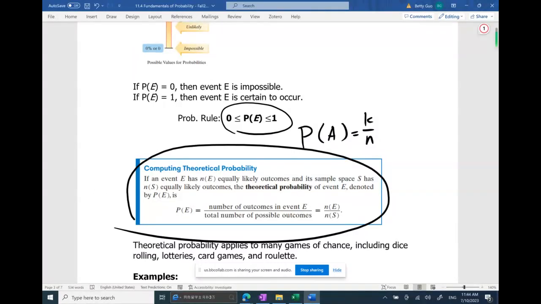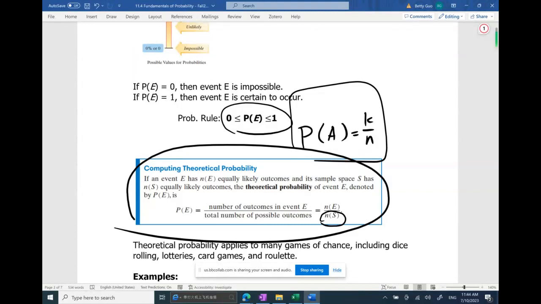And the denominator N is the number of outcomes in the sample space. Again, we are talking about a theoretical probability model. If we have a theoretical probability model, that's the formula we need to apply to compute the probability of an event. To find the probability of the event, find two numbers, a denominator and a numerator.